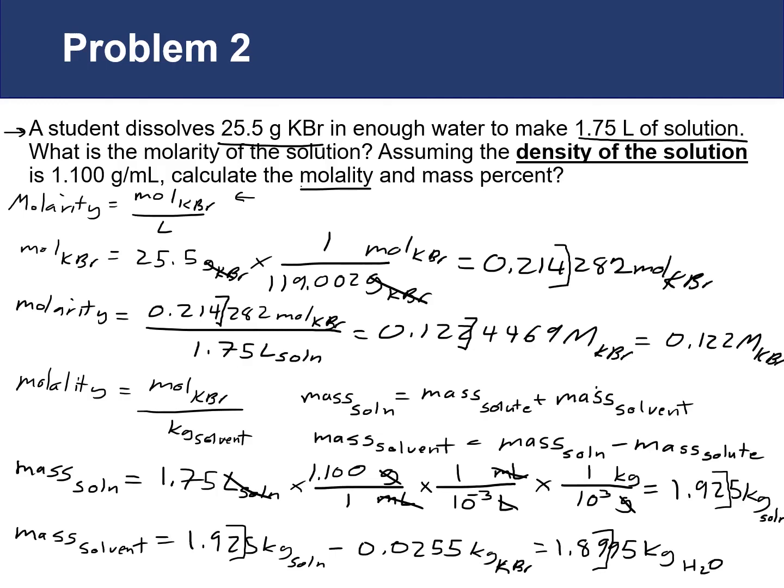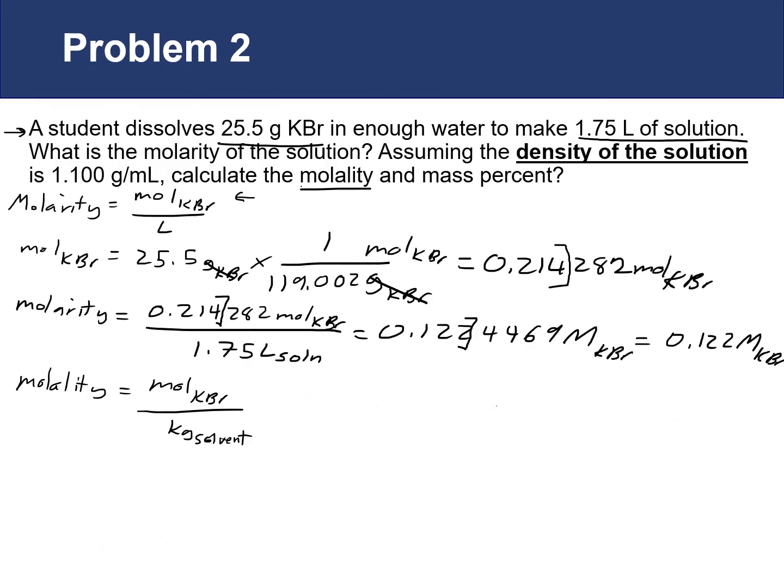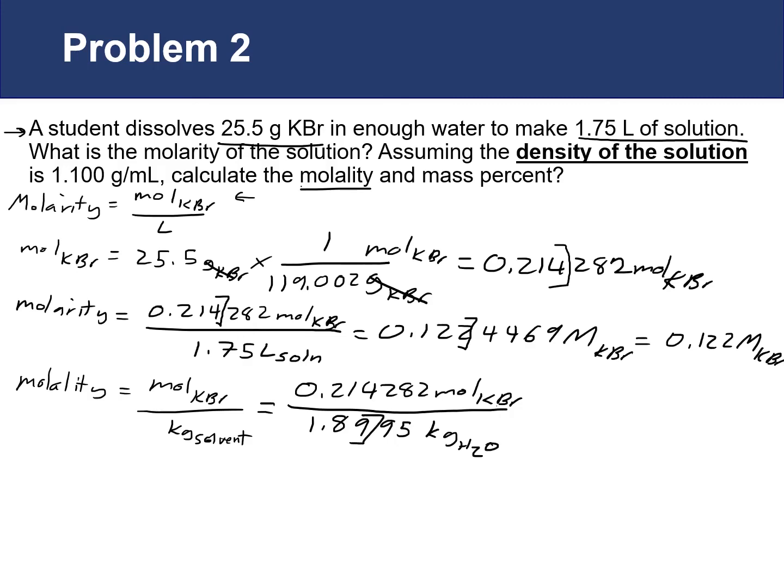Clearing up some space to continue the calculation. To figure out the molality, we can now fill in our values. We have the moles of potassium bromide from before at 0.214282 moles of KBr, and we can now divide this by the kilograms of solvent that we just determined, which was 1.8995 kilograms of water, and that was good to 3 significant figures, and the top value is also good to 3 significant figures.